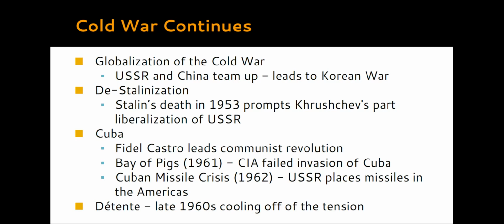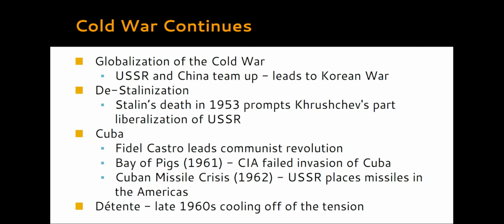They now have a communist neighbor. And so in 1961, the United States CIA is going to launch a failed invasion of Cuba. It's pretty embarrassing, actually. It's called the Bay of Pigs. They're trying to infiltrate Cuba and get people within it to overthrow the government, and it's not a good idea. It doesn't work out.